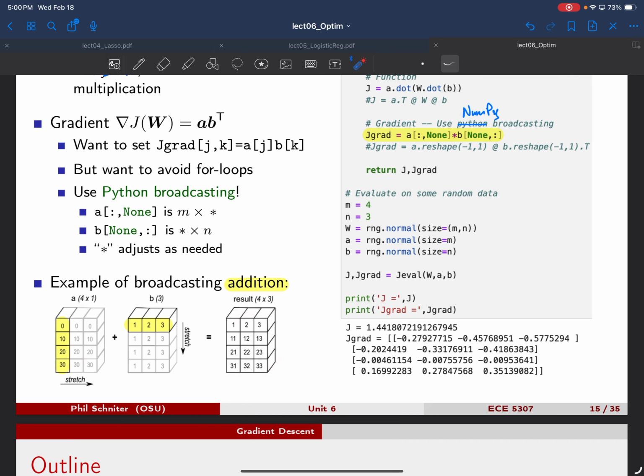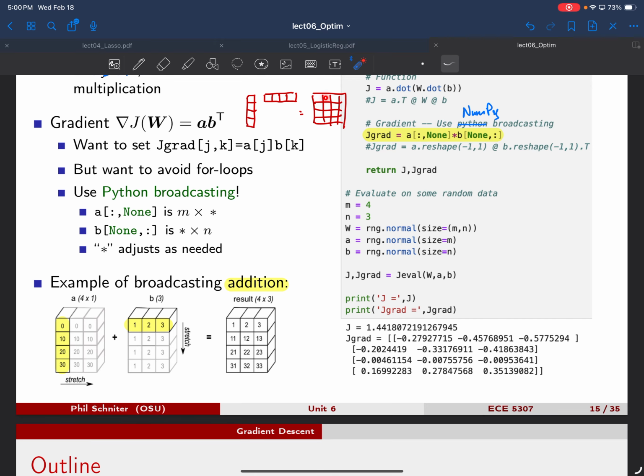So in our code, we want to do the same thing, but with multiplication. So we have vector A, vector B, and we want to make a matrix. And we know based on the rules of matrix multiplication that to get this element, that's going to be this times this.